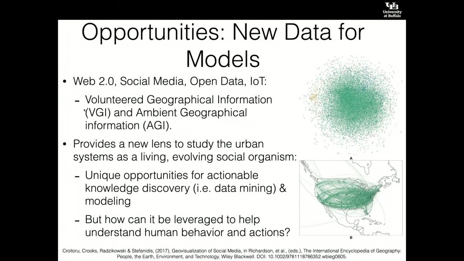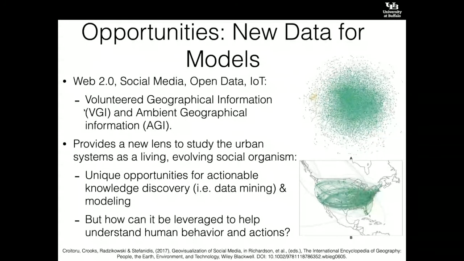For example, the Kenyan Open Data Initiative gives you the locations of all the slums in Kenya, or at least when the slums were mapped there. We now have the Internet of Things, which is giving us a lot of relevant information, and people are contributing geographical information, either actively through the notion of VGI, volunteered geographic information, or without realizing they're contributing it, this notion of ambient geographic information.